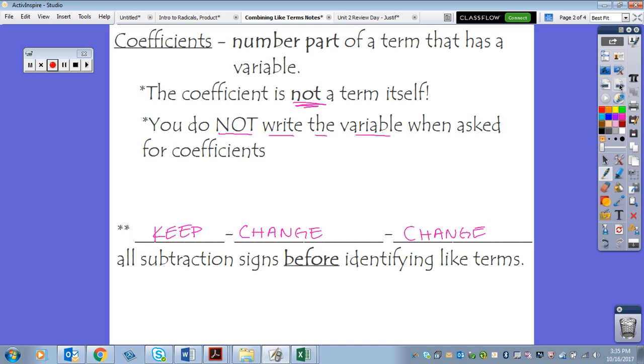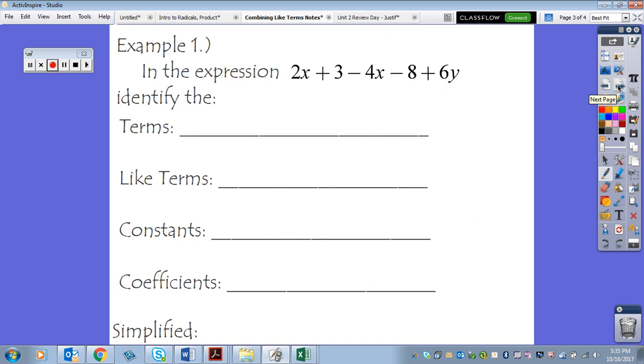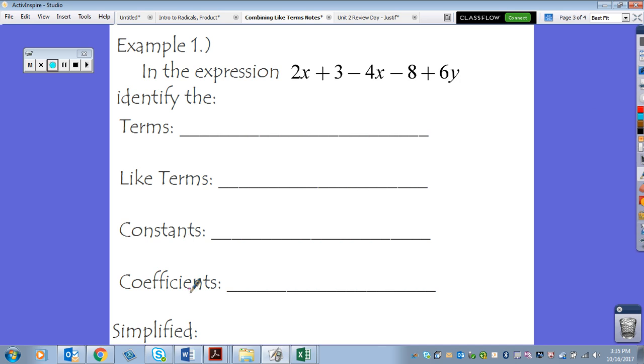Let's look at the first example together. We are going to identify terms, like terms, constants, and coefficients in this expression, and then we're going to talk about simplifying the expression. But before we do that, we need to keep, change. So we're keeping the 2x. We're still keeping the plus 3 because that was an addition.